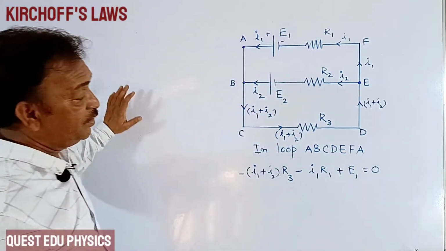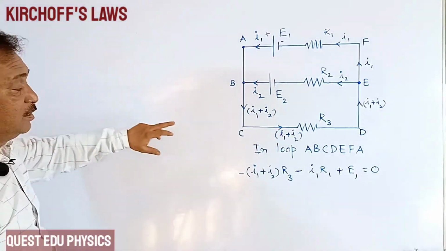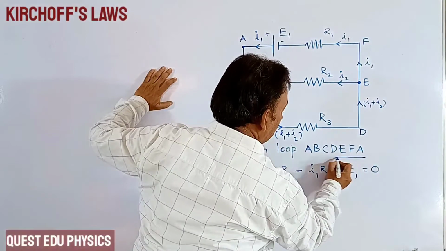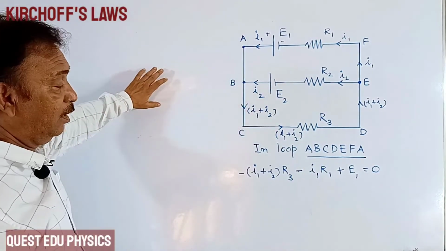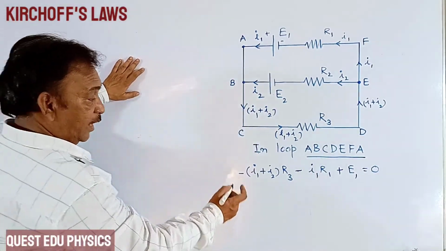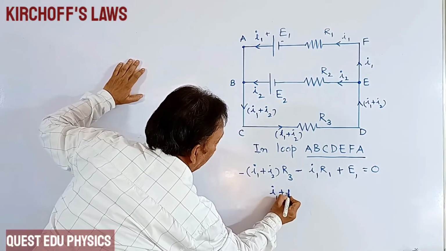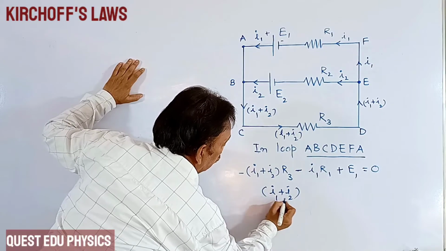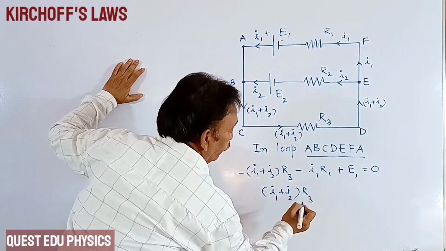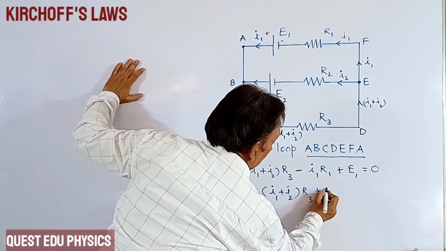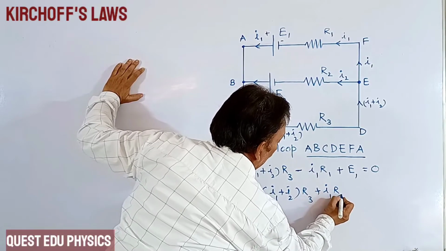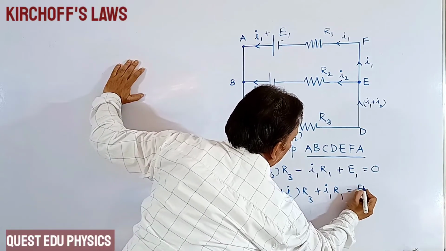It's the first equation, for the loop A, B, C, E, F, A. Or you can write it as I1 plus I2 into R3 plus I1 R1 is equal to E1.